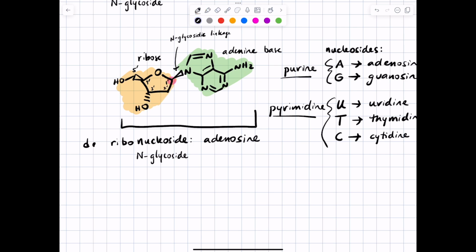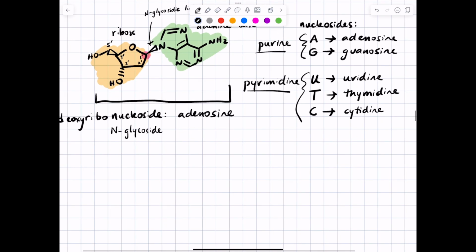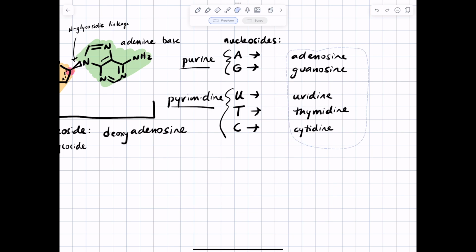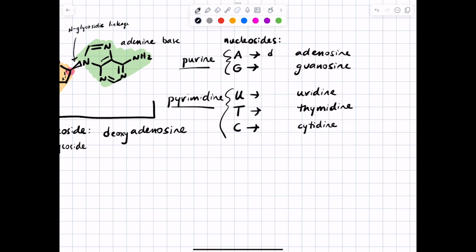So these are called deoxyribonucleosides, and you would call this particular one deoxyadenosine. So to name each of the nucleosides, you would put the prefix deoxy ahead of adenosine and guanosine and uridine and thymidine and cytidine.